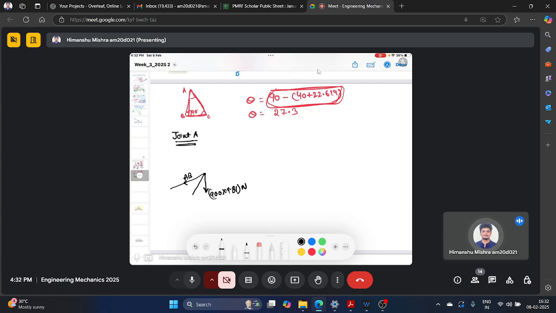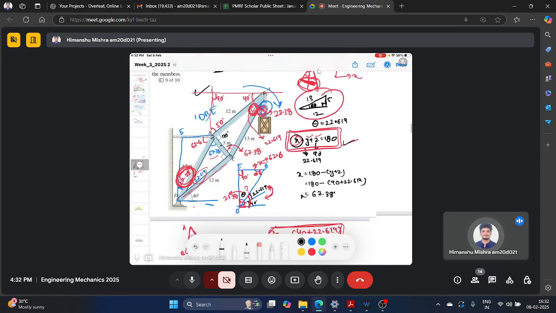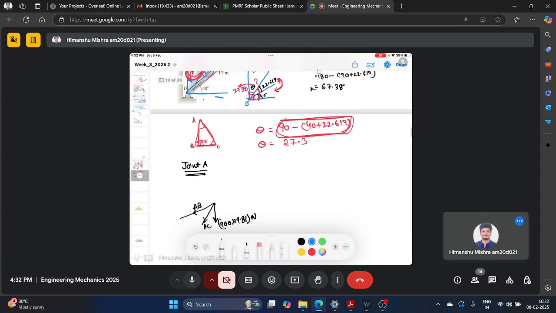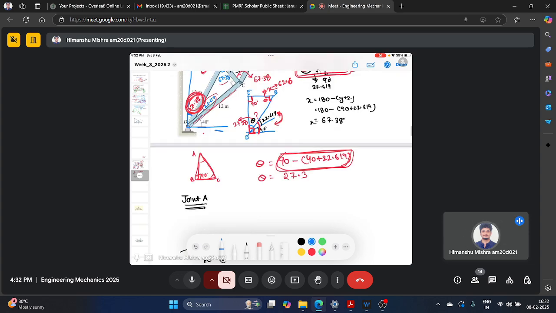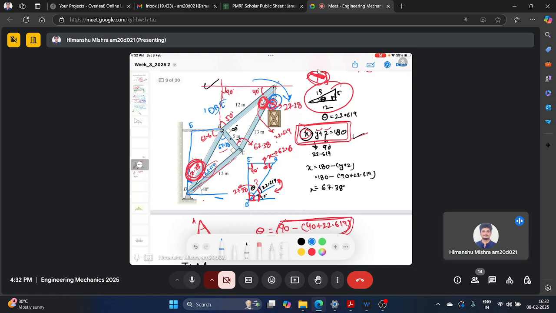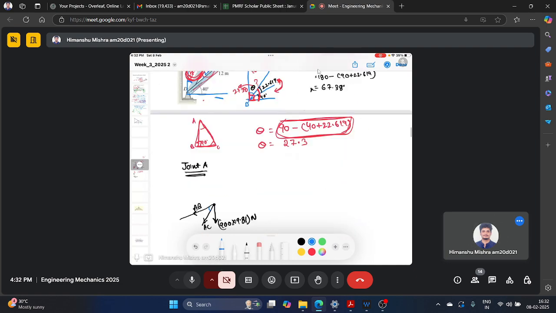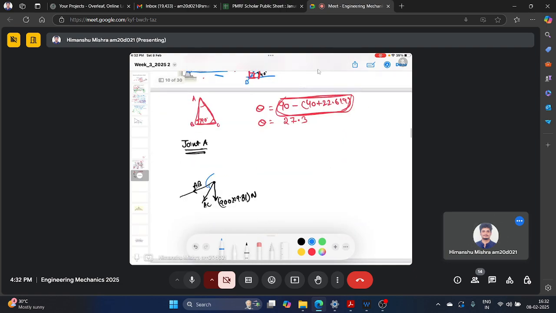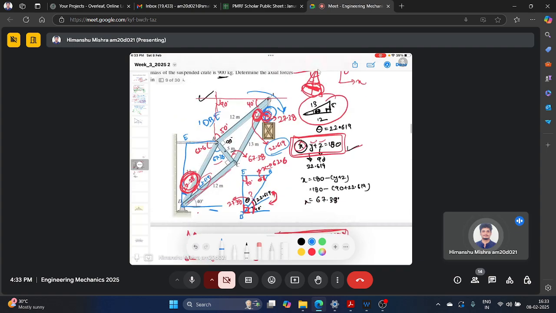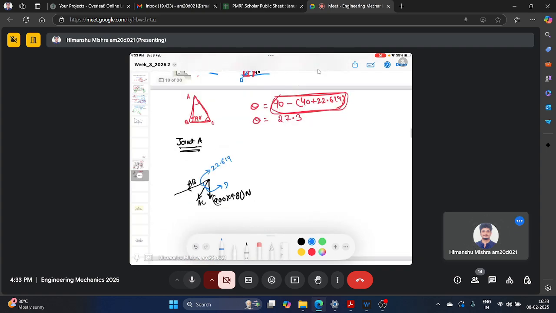And let's say this is my force AC, and we already calculated these angles. So this is my angle which I calculated as 22.619, and this is the angle we calculated, which is 27.38.